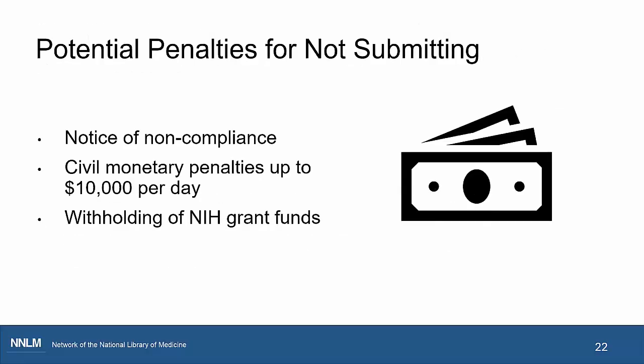So those potential penalties for not submitting results include a notice of non-compliance on ClinicalTrials.gov, civil money penalties of up to $10,000 per day of non-compliance, and the withholding of NIH grant funds. So these penalties obviously bring serious consequences, not just to individual investigators, but to their institutions.